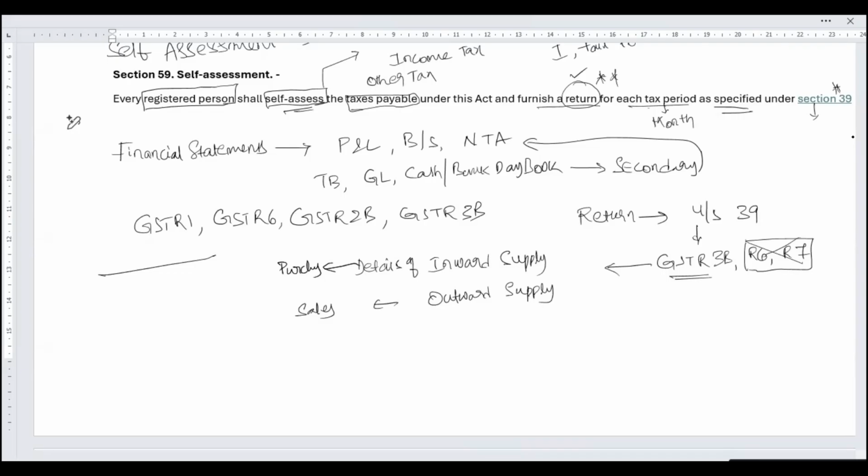So when you visualize your P&L account, assuming this is my P&L account, this is my expense, this is my income. So on expenses, you have input tax credit. On income, you have output tax. This is input tax availed. This is output tax payable. This is what they were referring to in Section 39.